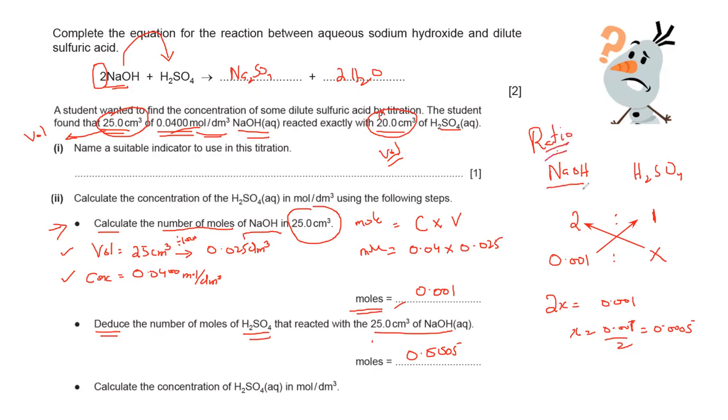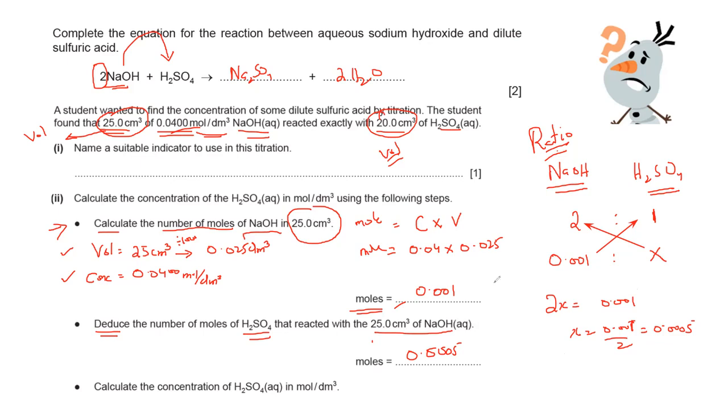So we have sodium hydroxide and we are finding sulfuric acid. The ratio according to the equation is 2:1. So if 0.001 moles of sodium hydroxide, then X moles of sulfuric acid will be there, which will be 0.0005. Then the last part, we need the concentration.